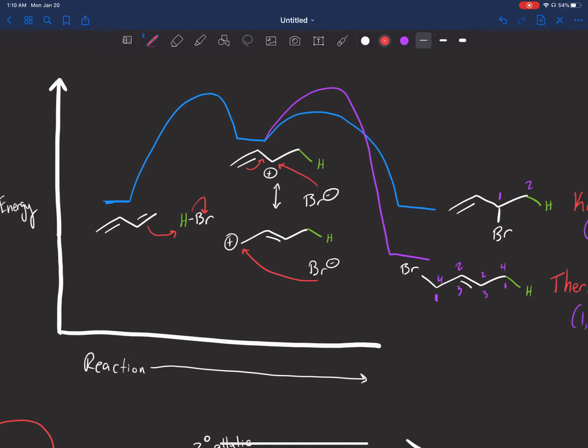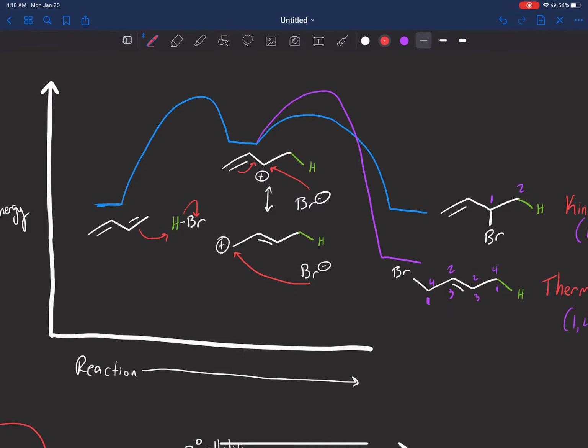Now, one thing to keep in mind when dealing with the theory behind this whole thing, another reason I wanted to bring up the energy diagram is because a lot of times they will ask you a question specifically targeting the theory of kinetic versus thermodynamic.